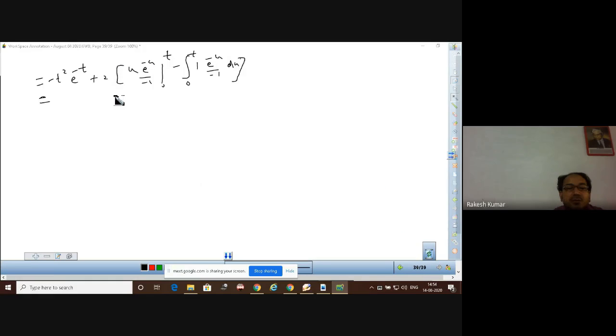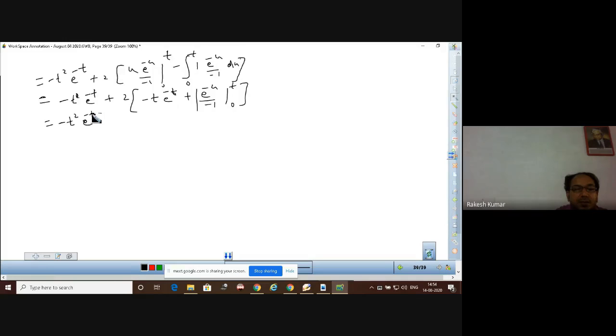Because this 2 is common to the whole expression, now it comes out to be minus t square e raised to power minus t plus 2 times, substitute the limit, that is minus t e raised to power minus t, for lower limit 0, this is 0, plus the integration of e raised to power minus u again, that is 0 to t, but it comes minus t square e raised to power minus t plus 2, that is minus t e raised to power minus t.